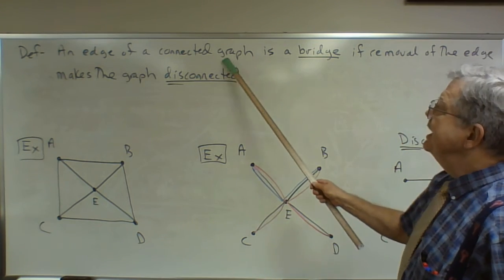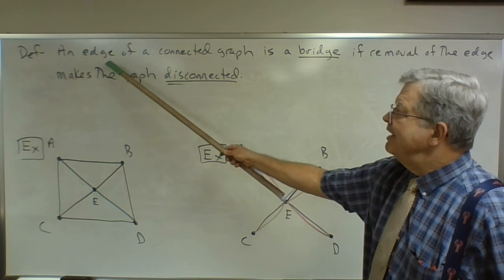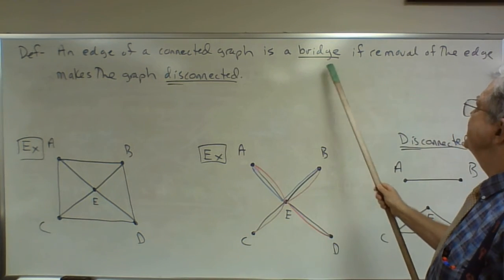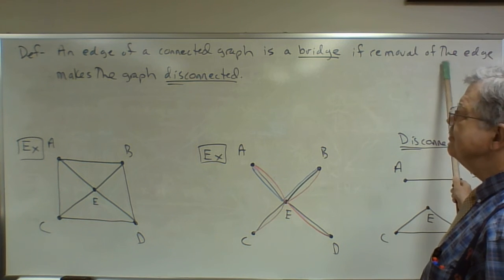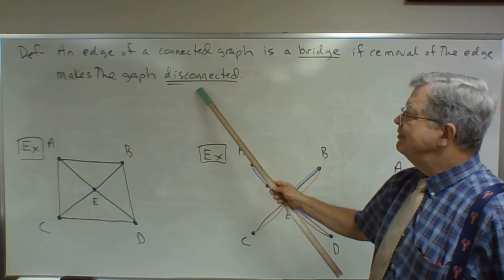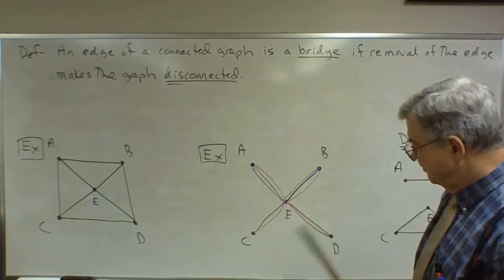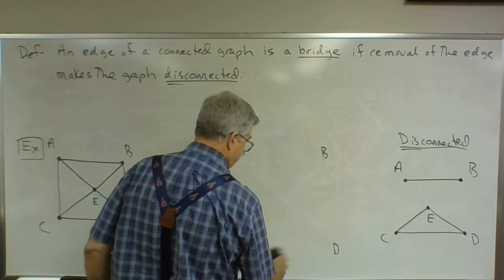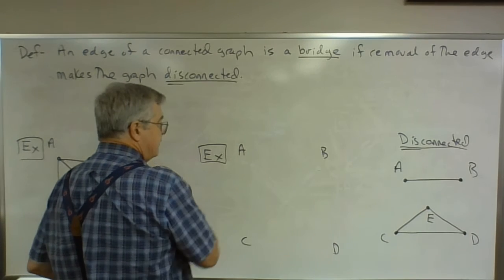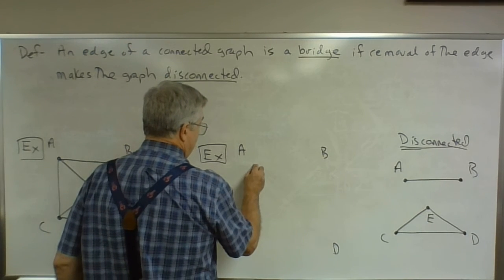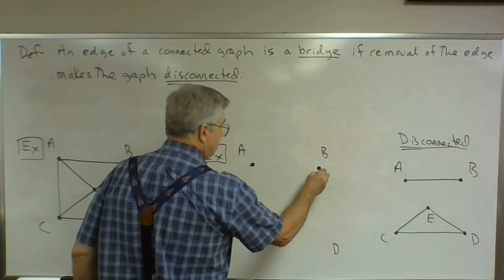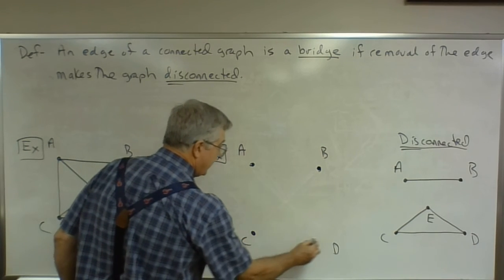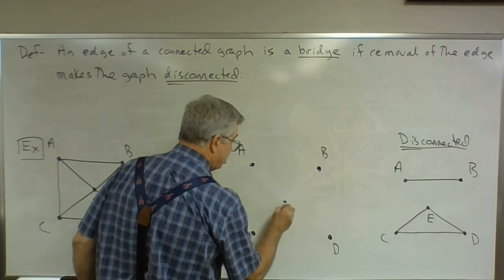So if we have a connected graph, an edge in that connected graph is a bridge if removal of the edge makes that graph disconnected. And let's look at this example. Same example, I'm just going to remove the paths that we drew from before.